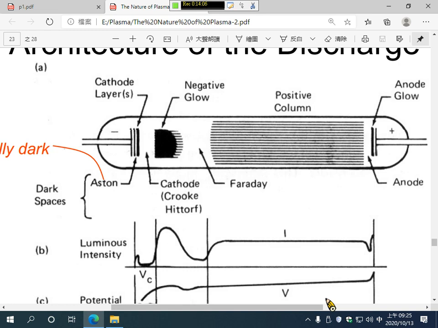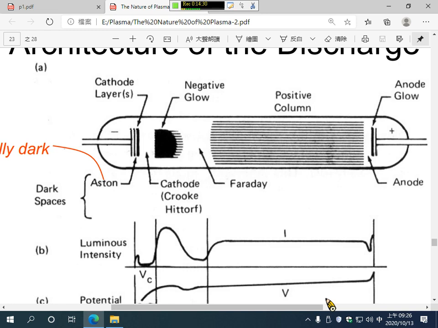The glow we have already seen in the plasma system comes majorly from the relaxation process, because we cannot see the UV light, we can only see visible light.